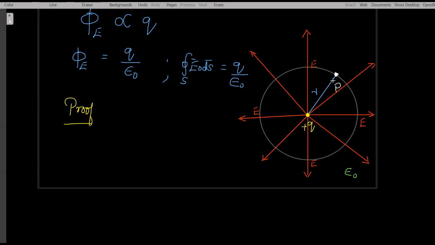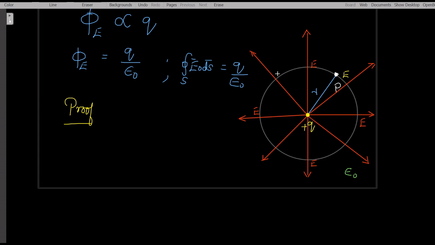Now at any point P, let E be the electric field, and that point P is at a distance r from the charge plus Q. Similarly, at all distances from this charge, the electric field remains the same.